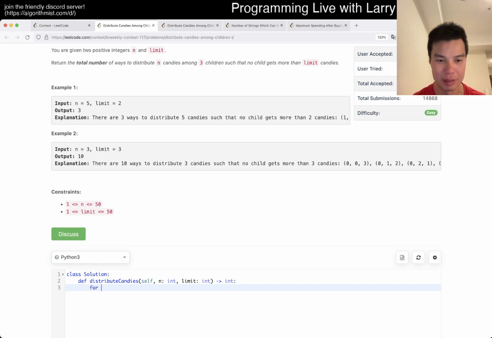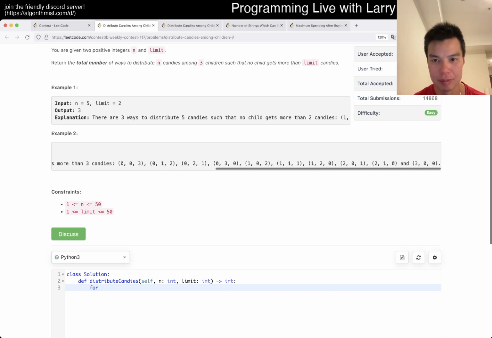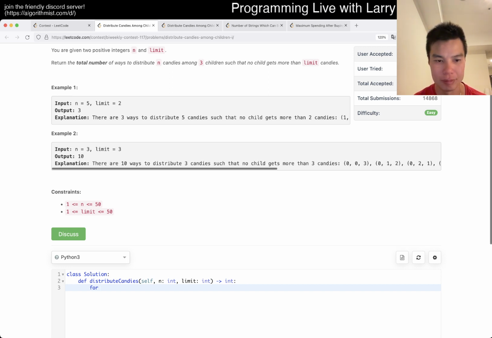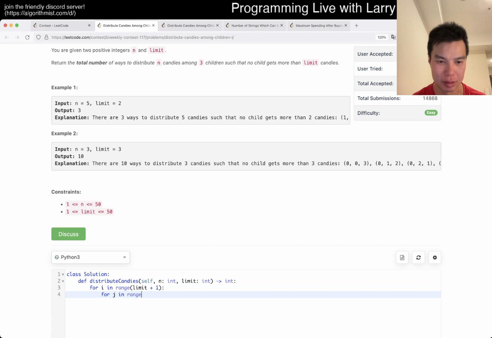Okay. I'm thinking too much in this. Right, and then if i plus j plus k is equal to n, I count 1, right?